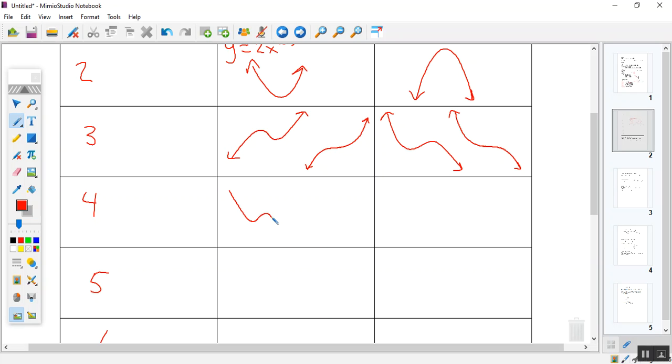Leading coefficient like this typically makes a W. It could be like this, or it might flatten out kind of like this. But regardless, kids, if a graph has, and listen to how I say this, a fourth degree graph, the most number of bumps or peaks and valleys it can have is 3. Okay? The most number of peaks and valleys it can have is at most one less than the degree.